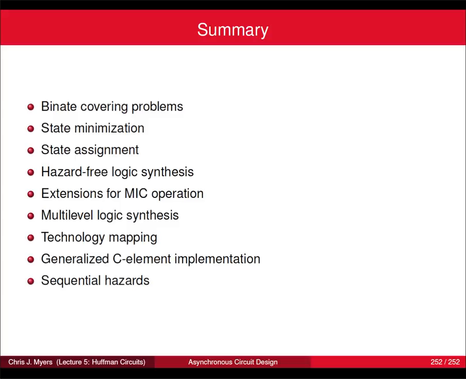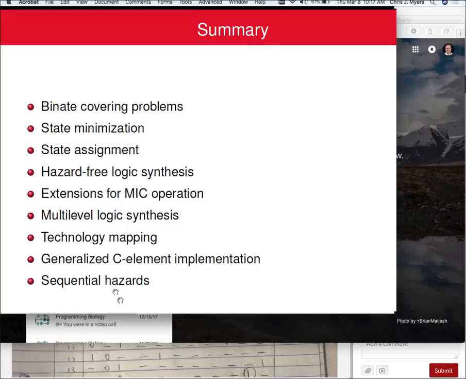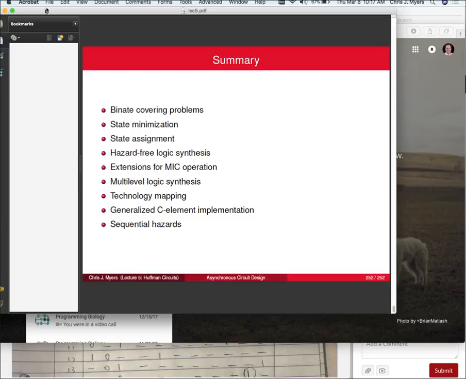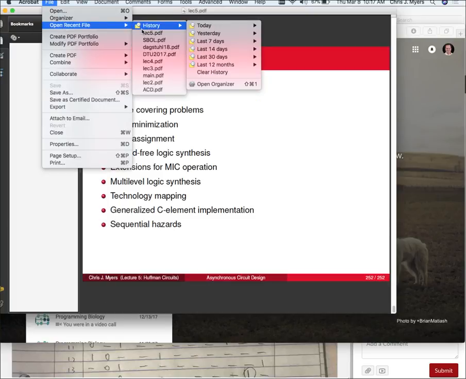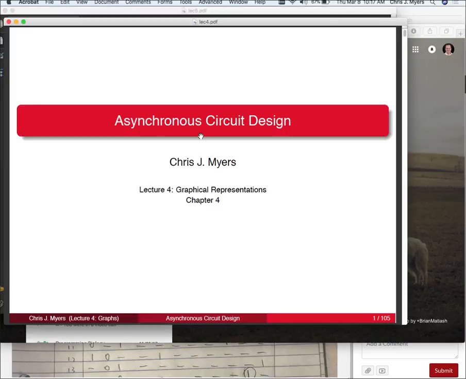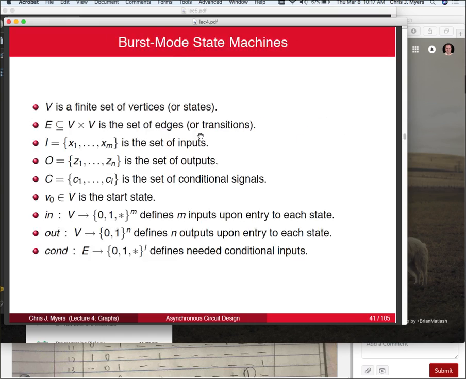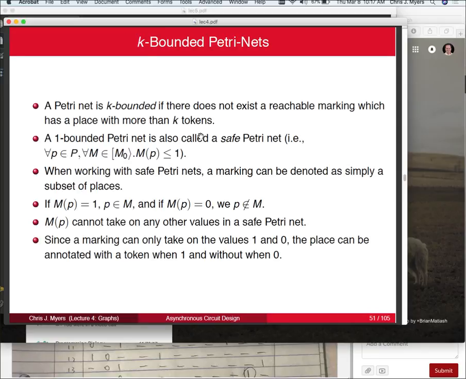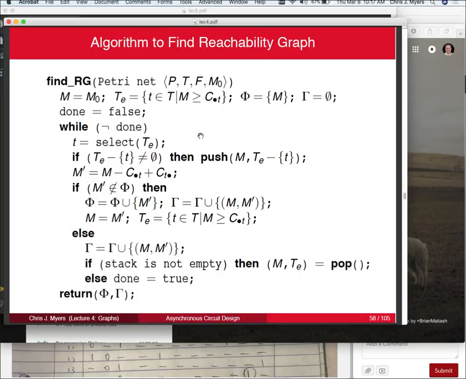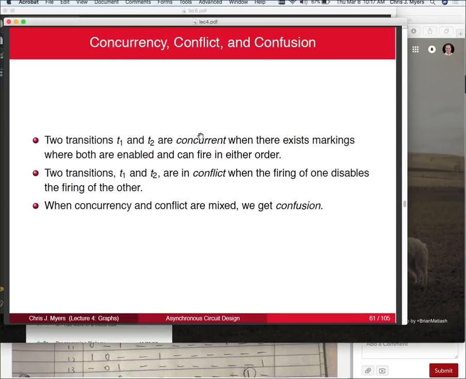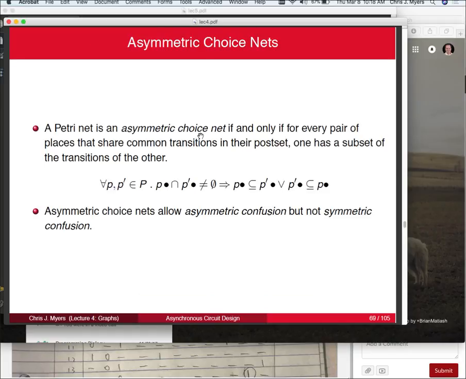So actually, we're at a pretty good point. There is one topic left that I think we skipped earlier, which I'm just going to go back and look at. So if you remember, we were talking about graphs and Petri nets and reachability graphs and all of this.